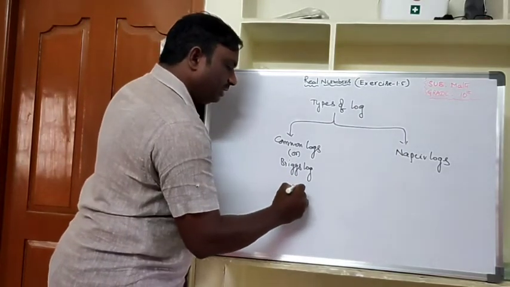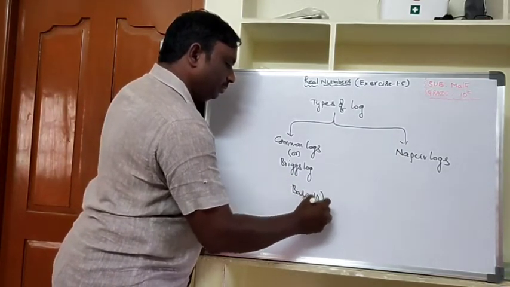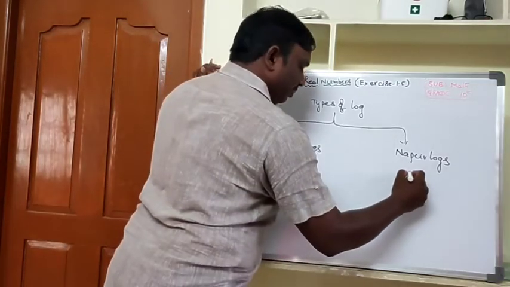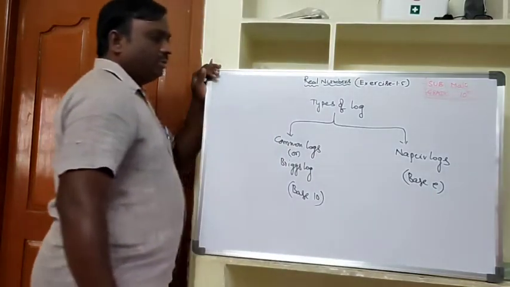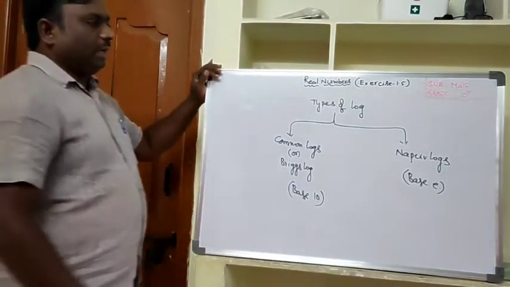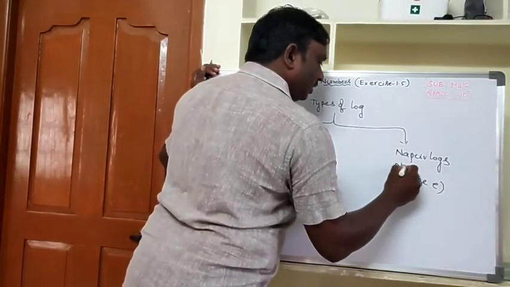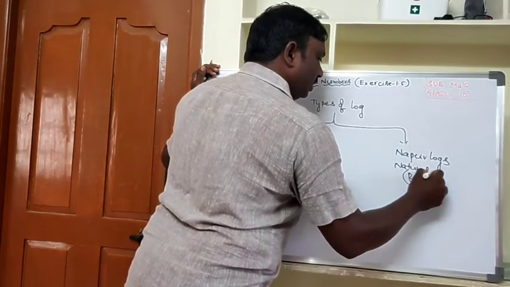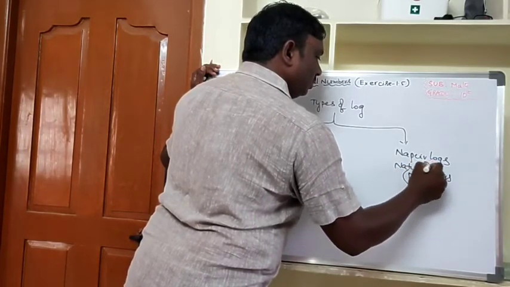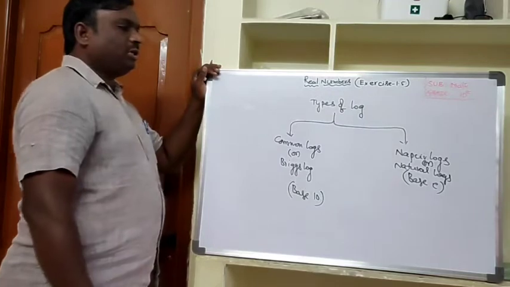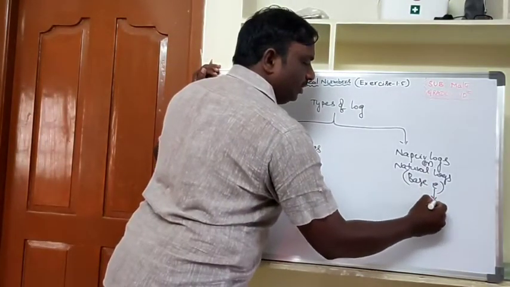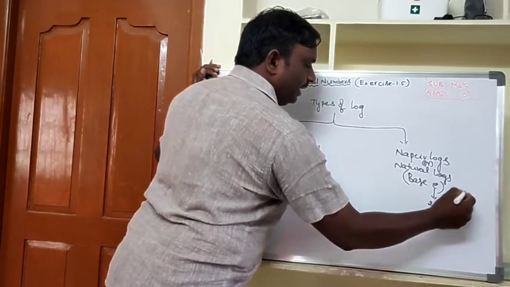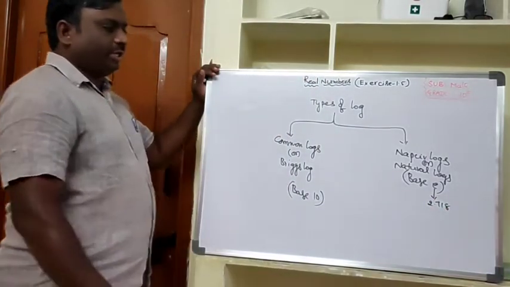Common logarithms base is 10 and Napier logarithms base is E. Napier logarithms are natural logarithms. This base E value is 2.718, an approximate value we can take.